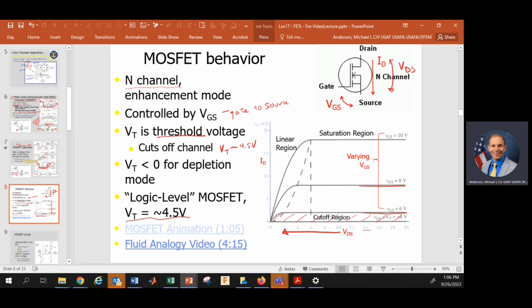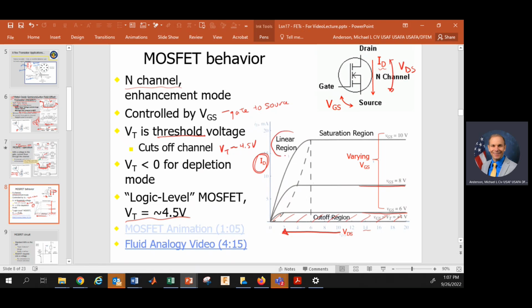As we increase the gate to source voltage, we will get more current flow, I_D, through the device. And that's good. We usually want current going through the device so we can turn on our device. But if we want to reduce the amount of power loss in the device, we want to be to the left so that we're not burning up energy in the MOSFET.